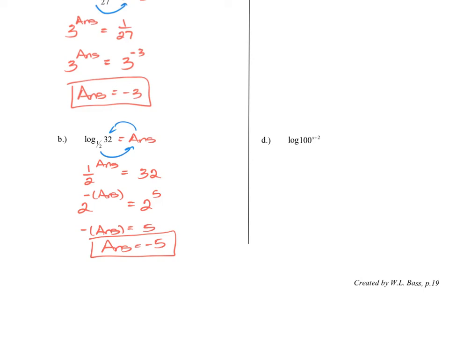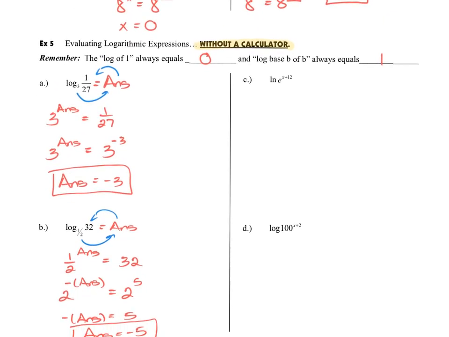All right, let's go on up to part B or part C. Now, this one looks a little bit more complicated because it has this natural log. So we're going to do a couple things on this one. I'm still going to set it equal to my answer, but I'm going to rewrite this. Instead of the natural log, I'm going to write it in the longer notation, log base e, instead of this ln right here.